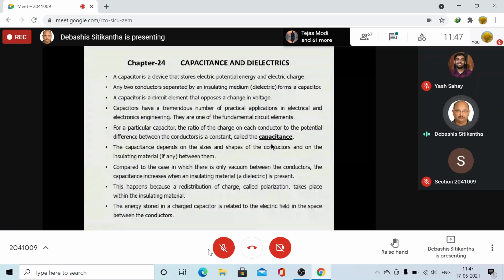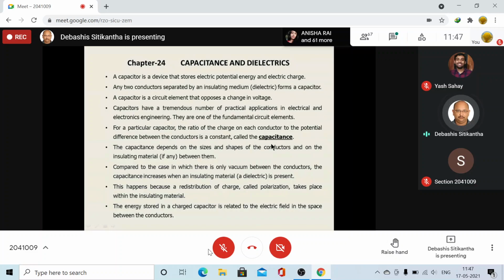So this is actually not a definition in full. It can be modified a little bit, and the answer is going to be perfect. So how will we modify? A capacitor is a device that stores electric potential energy in its electrostatic field. That is the best definition.